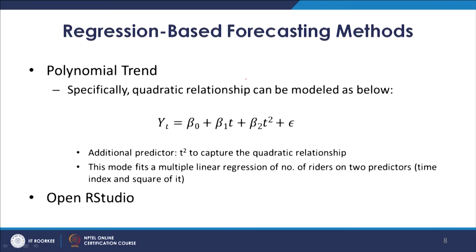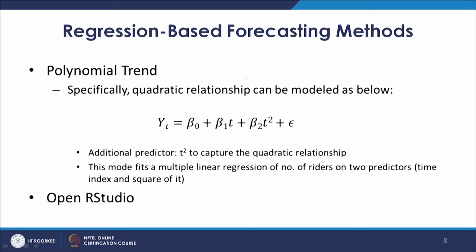When we use this quadratic term t square, we are expecting that the series is following a U shaped trend. If we remember the plot of the original series, the trend visible there looked more like a U shaped trend instead of a linear or exponential trend. So, this model fits a multiple linear regression of number of riders on two predictors, time index and square of it.